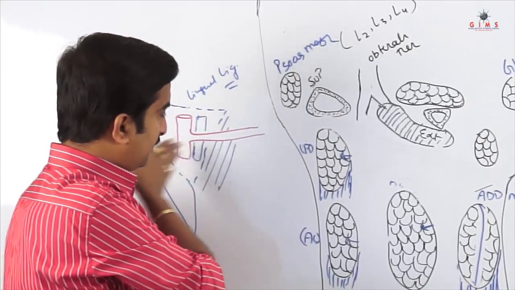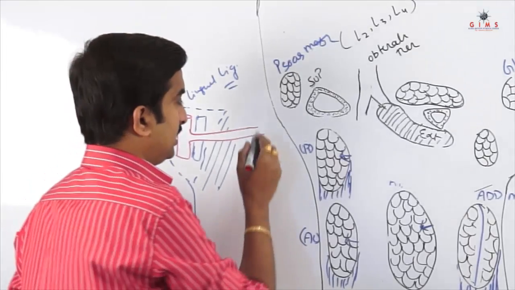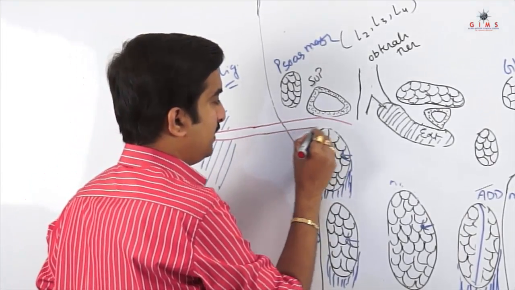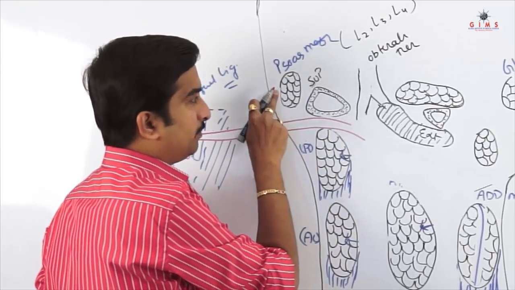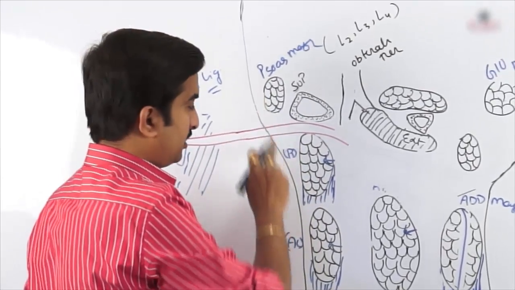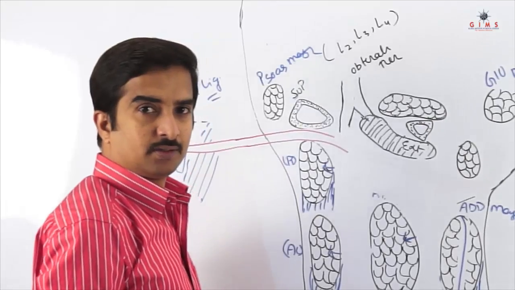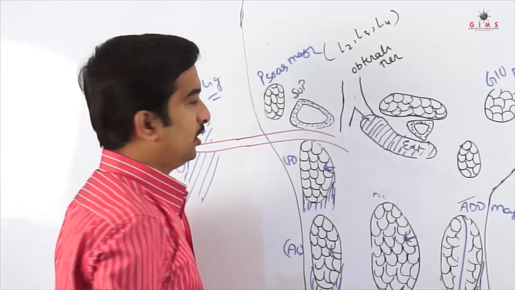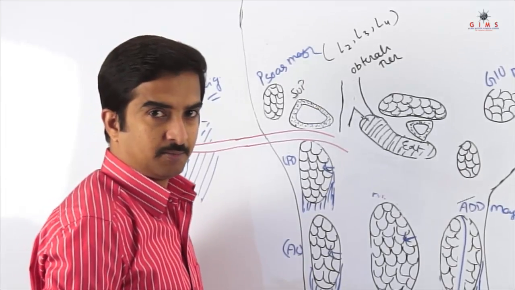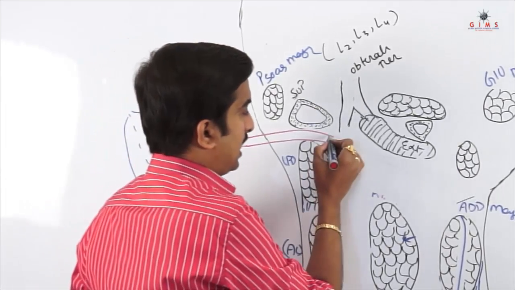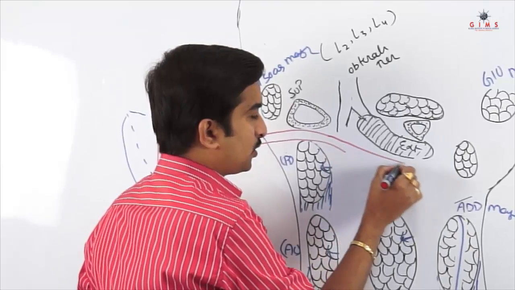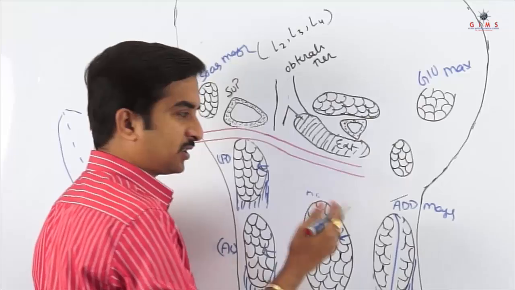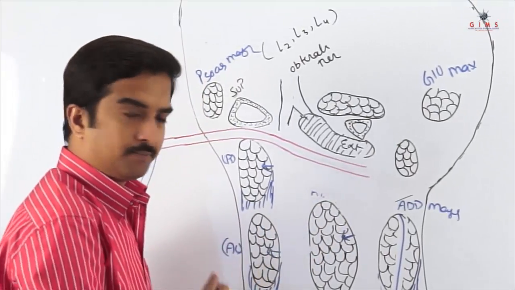After it leaves the femoral triangle, it runs between the psoas major and pectineus. Right? You can see here the artery runs between psoas major and pectineus, and it continues its course towards the gluteal region.